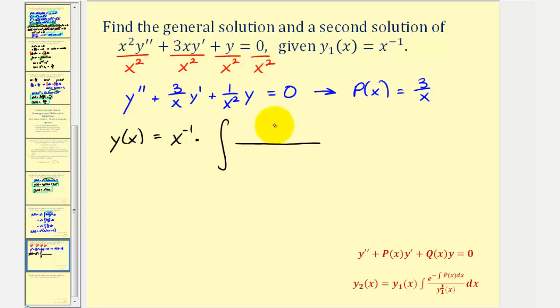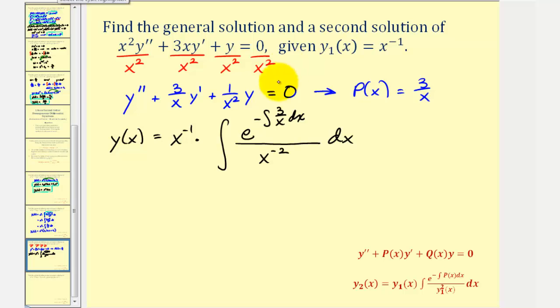The numerator is e raised to the power of negative the integral of p of x dx, so we would have negative integral 3 divided by x dx, divided by y sub 1 of x squared. X to the negative 1 squared would be x to the negative 2, integrated with respect to x.